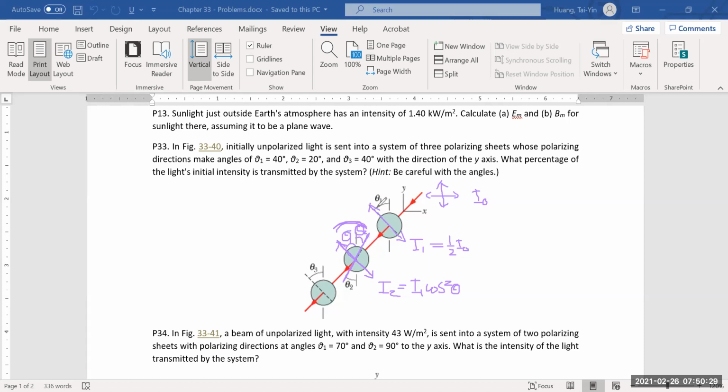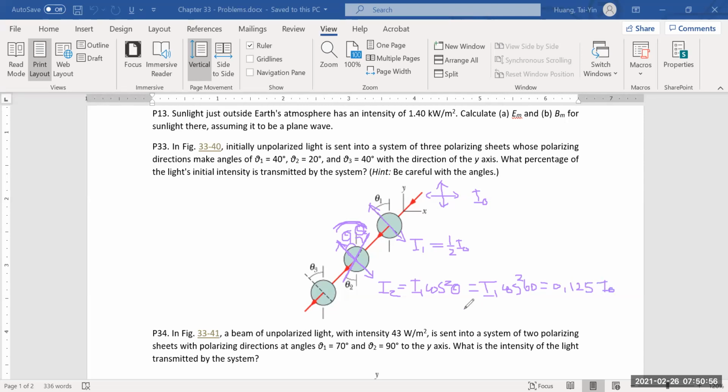So theta 1 is 40 and theta 2 is 20. So we will have I1 times cosine 60 degrees, and then you square it. So I will get an I2, which is 0.125 I naught.